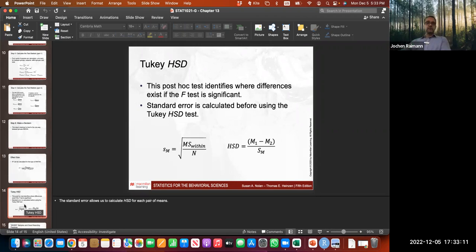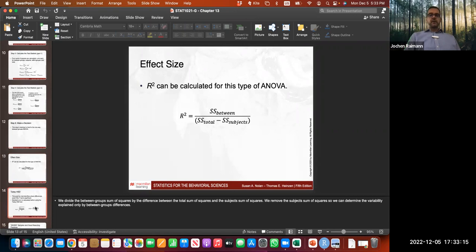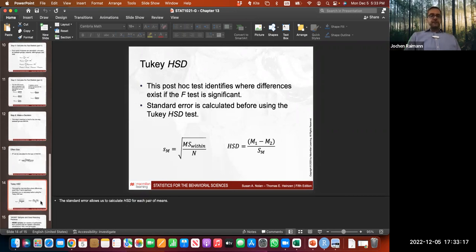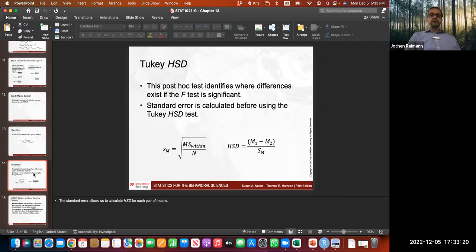Now we can quickly do Tukey. Okay, so let's do a Tukey, if it asks you for that. So we do Tukey on a significant difference test.